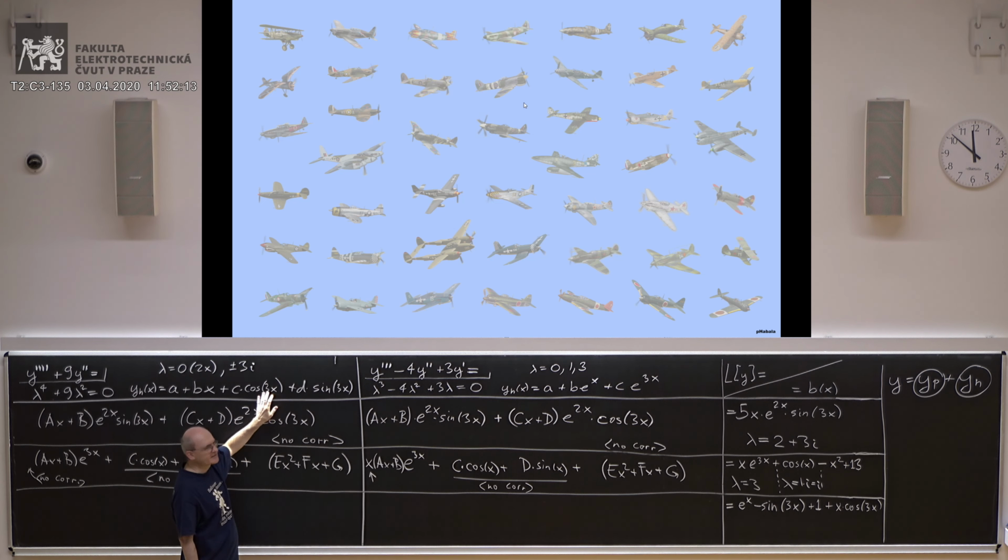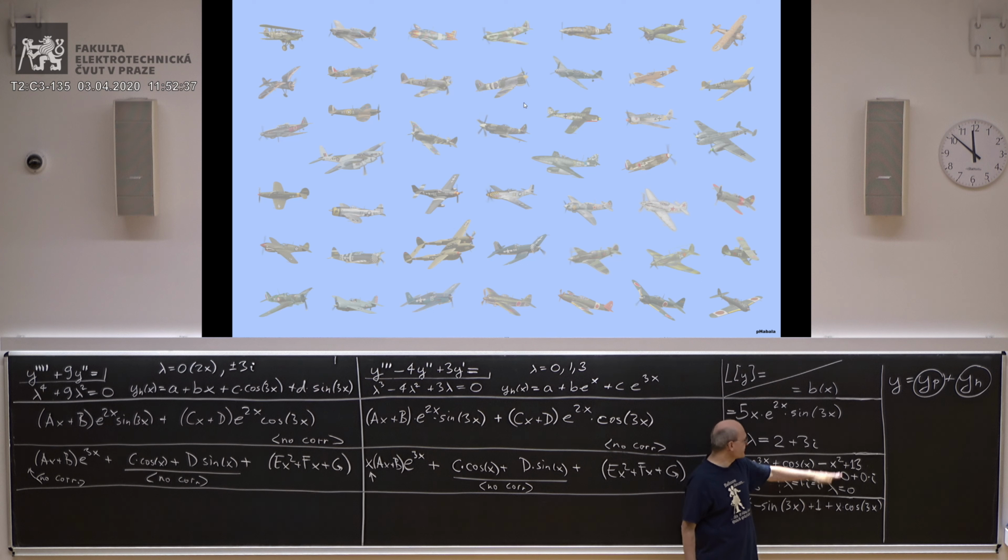Okay, last part. Minus x squared plus 13. What is the lambda? Well, I don't see an exponential. And I don't see any sine or cosine here. So lambda is 0. This is actually a special case in a way. And it may be a good idea to simply remember that when you see just a polynomial, then lambda is 0.